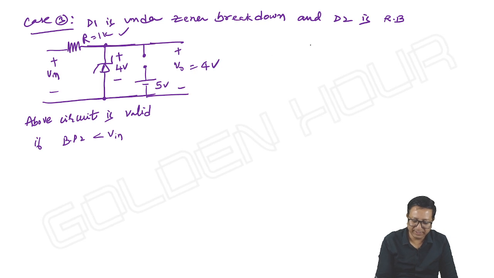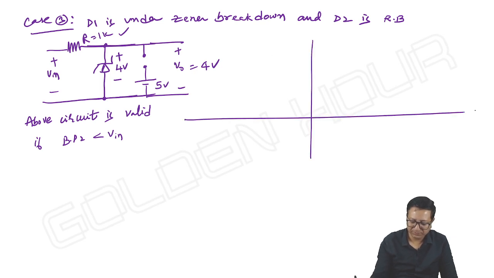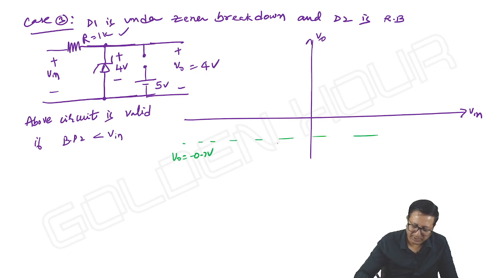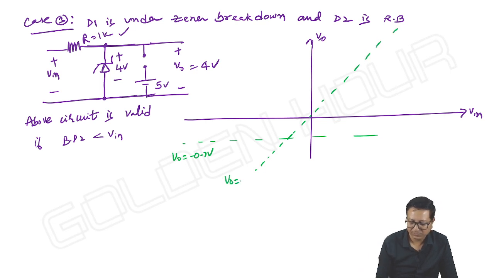Then if you take its transfer characteristics, first equation is output equals V input minus 0.7. Next, output is equal to input. Third equation, third case, output is equal to 4 volts.